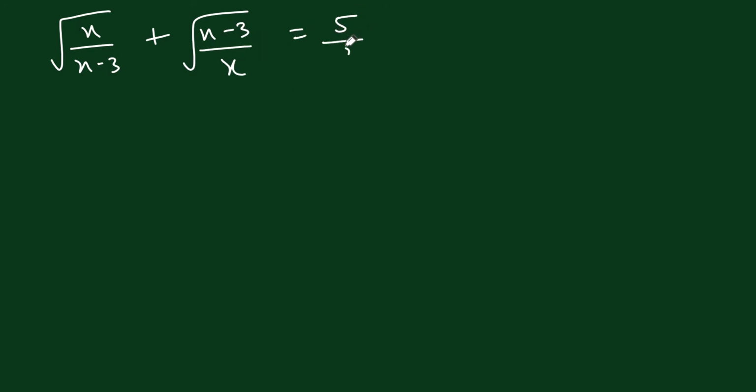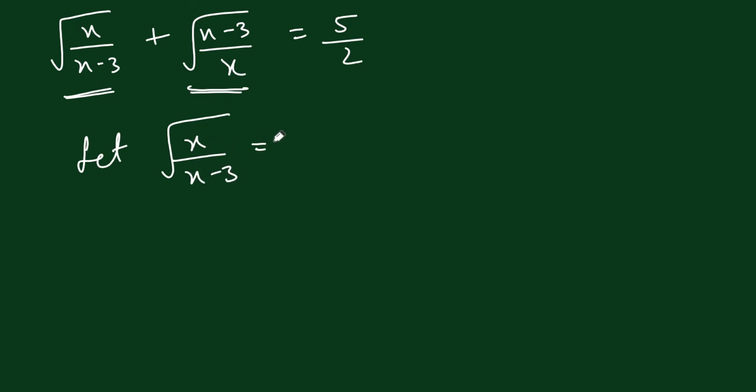by 2. So what I will do in these types of questions, when I have two terms, maybe two brackets or two fractions which are reciprocal to each other, I have done the same simple question in the previous video also where we were doing factorization method. I can say let root of x by x minus 3 be something, let us say k or z.